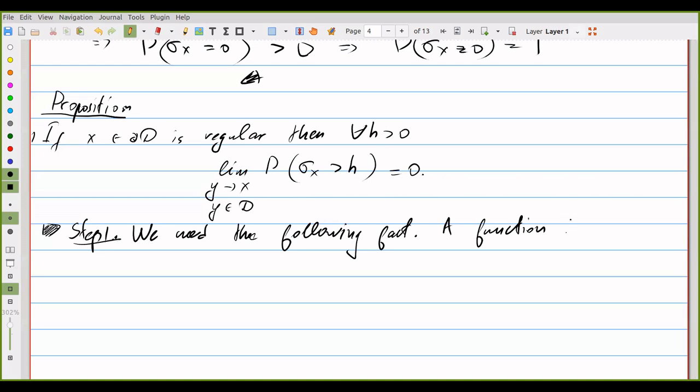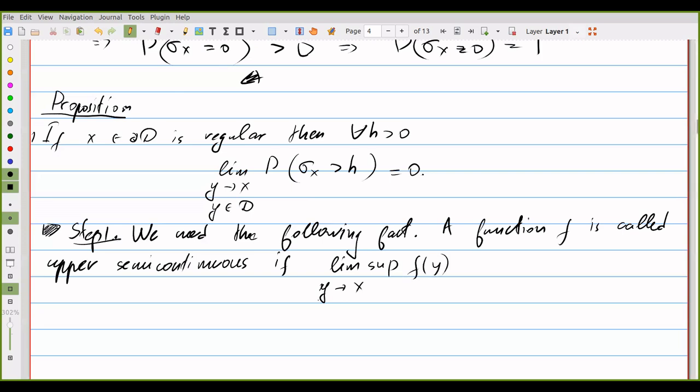A function f is called upper semi-continuous if the limit superior when y approaches x is less than or equal to f of x for any x.